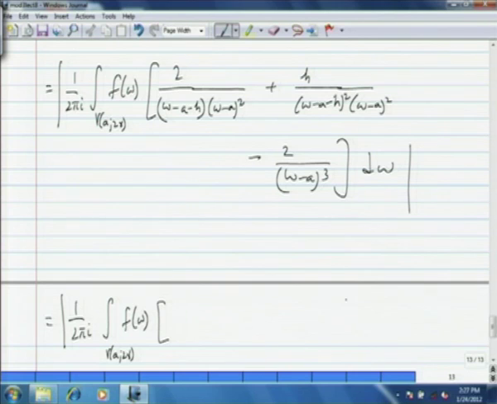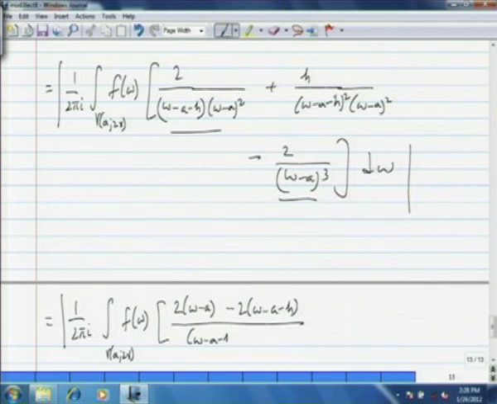Let me combine the first and the third expressions here, so that I get 2 times (w minus a) minus 2 times (w minus a minus h) when I take the common denominator (w minus a minus h) times (w minus a) cube. And then I will leave the second expression alone. So, that will be h divided by (w minus a minus h) squared times (w minus a) squared dw.